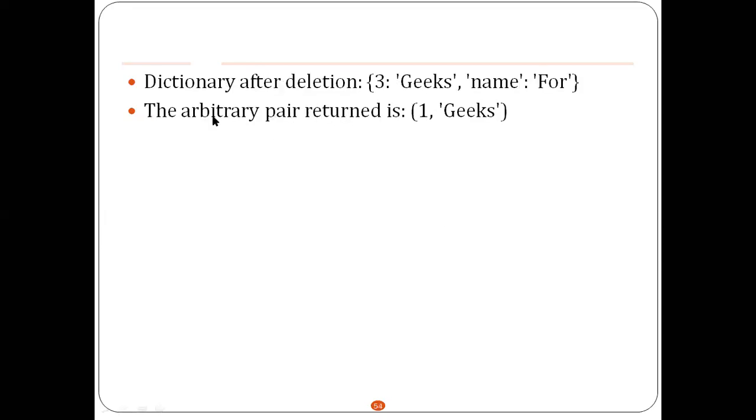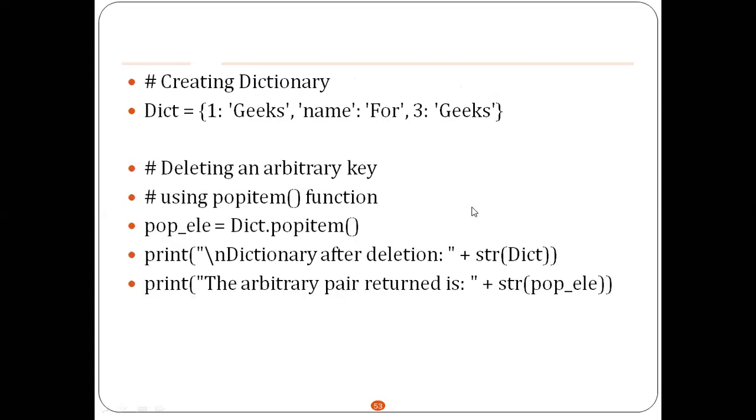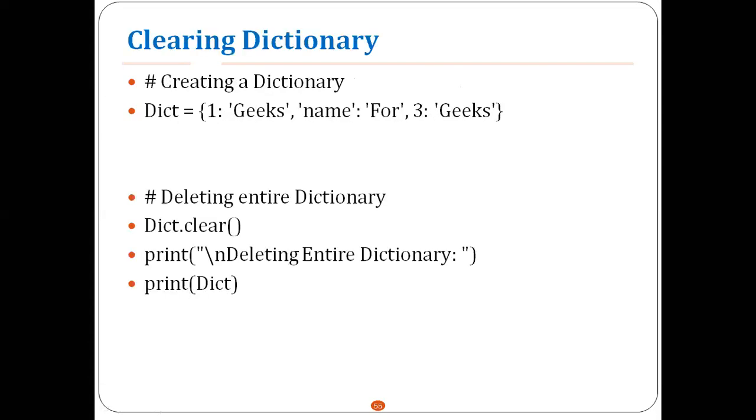That is how you can use it. The dictionary after deletion has only two items. Initially it was three, and after deletion it has only two, and one item has been deleted. That item is 1 comma gigs. And the next one is clearing the dictionary, right?